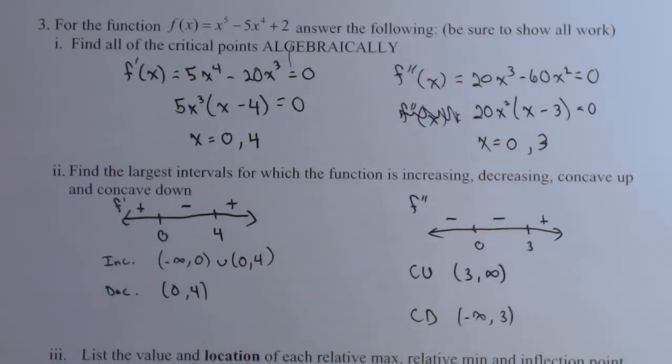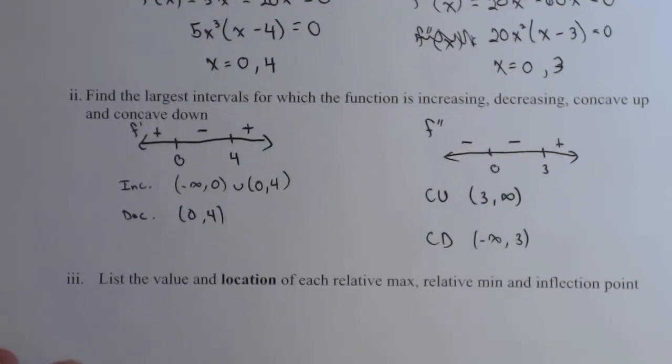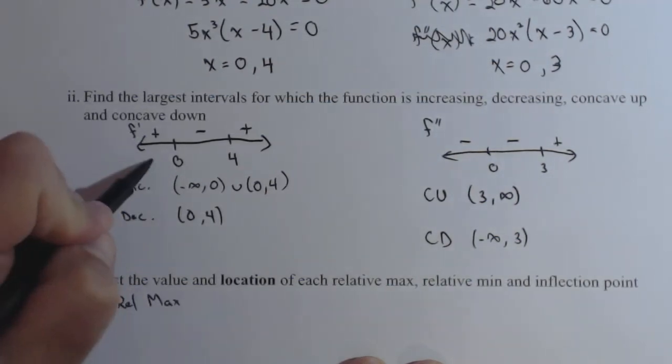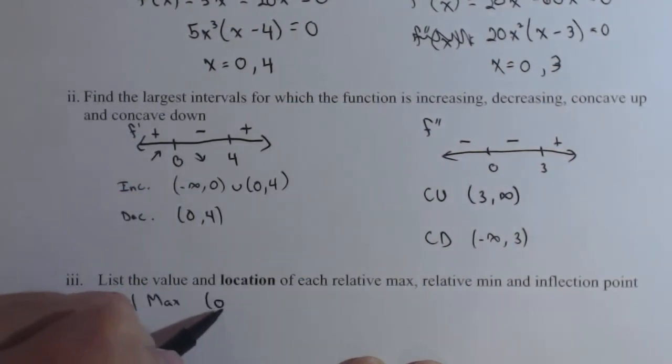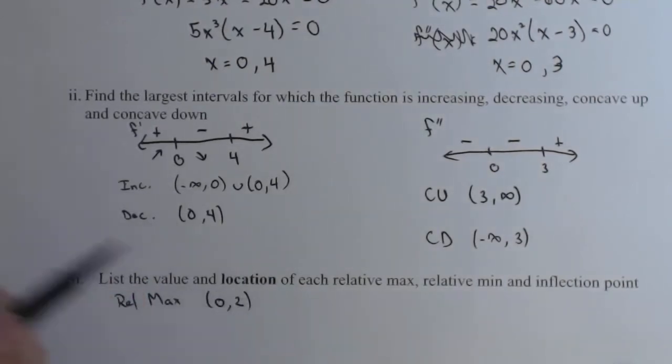Now, if we want the values, we want to list these as points. So we have a relative max at 0 because the function went from increasing to decreasing, and let's list it as a point. The location is 0. The value is f of 0, which is 2.